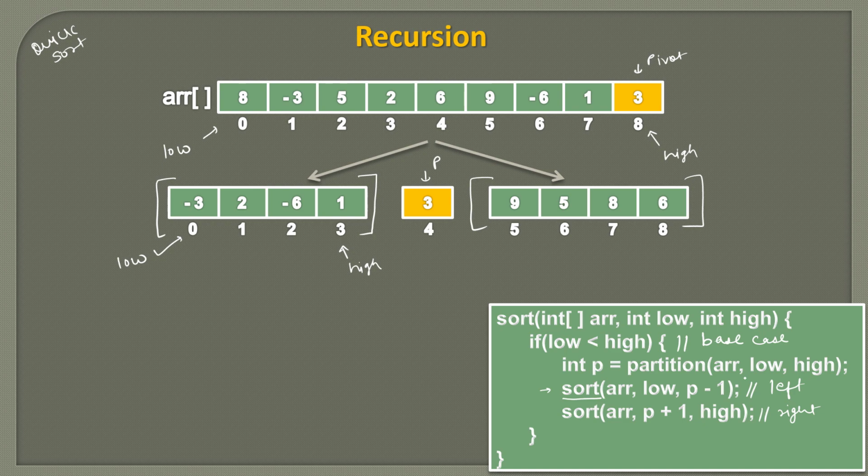We will pass in the array, and we will pass in low and high. So now in the partition method, only these 4 elements will be reordered because we are providing the range of low and high. At the start, low and high were the complete range of the array from 0 to 8. Now this partition method will only partition 0 to 3.